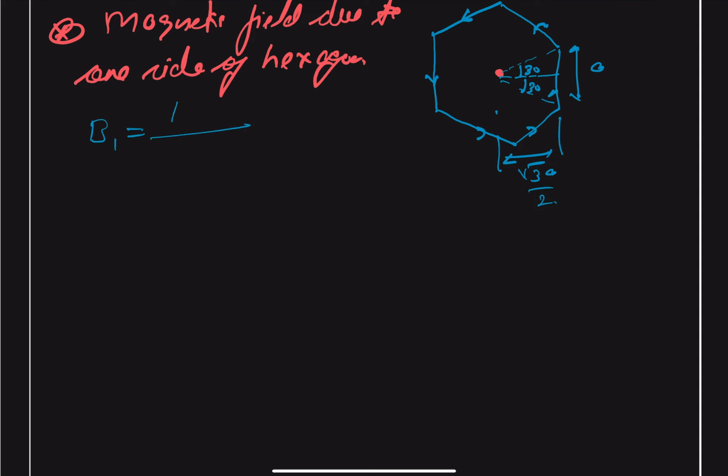That will be equal to mu naught I upon 4 pi L, where L is the length of the conductor, and here it will be sine of phi 1 plus sine of phi 2. Phi 1 and phi 2 here are 30 degrees.